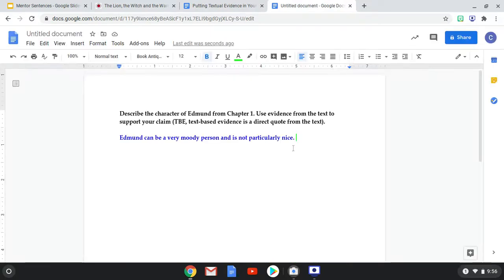So I might say, when Edmund was speaking to his sister, let's put it, his older sister, Susan, he acts very disrespectful.